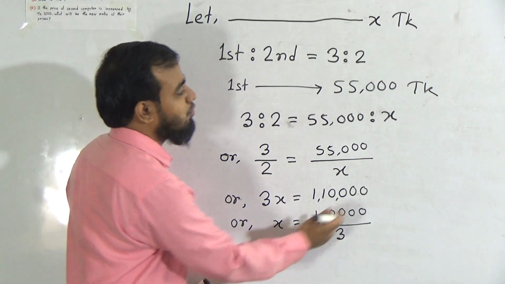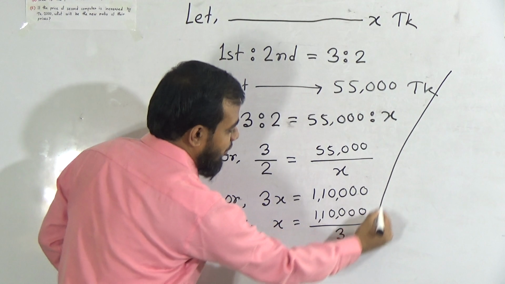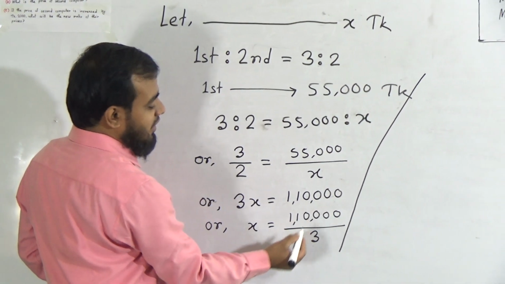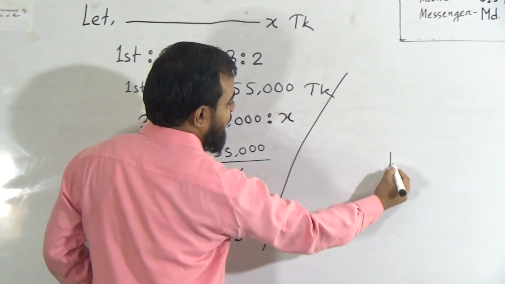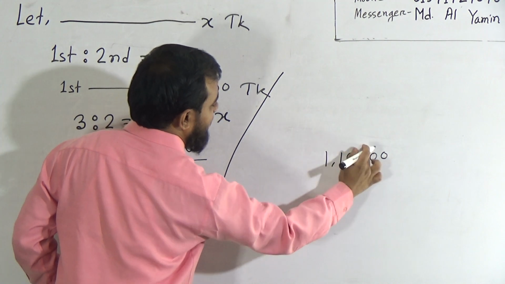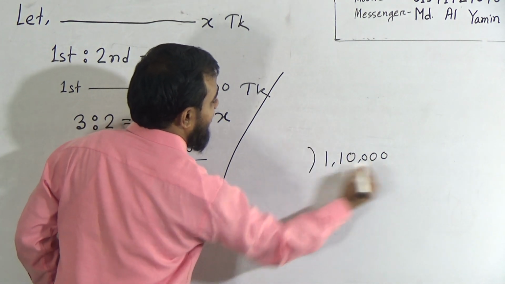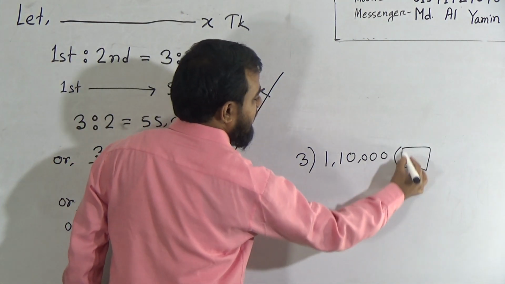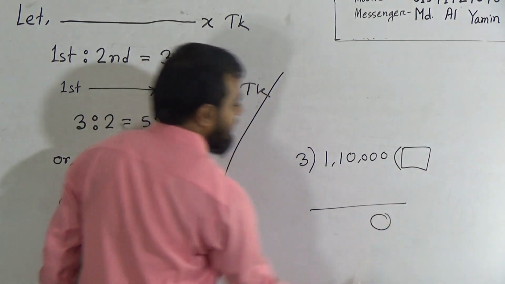Both are correct. When we convert this into a mixed fraction, we have to divide 1,10,000 by 3. We'll get some quotient and some remainder.